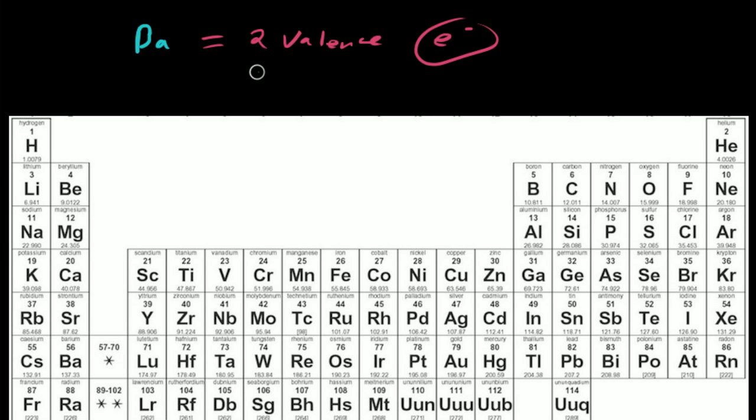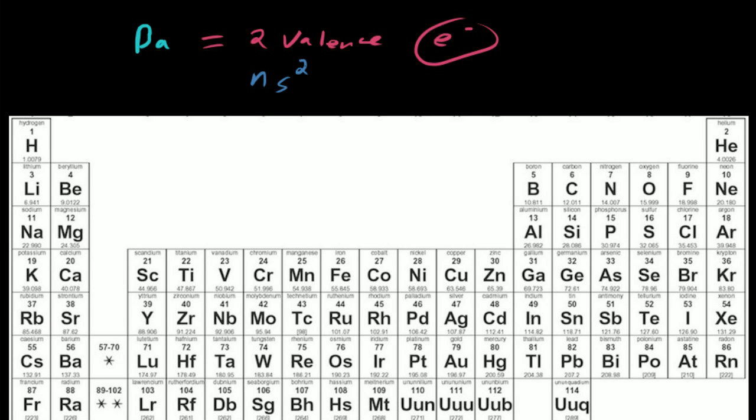Well, it would be whatever period you're on, s2, right? So it would be the highest period number that you had. So in the case of barium, it's in 1, 2, 3, 4, 5, 6. It's in the 6th period.